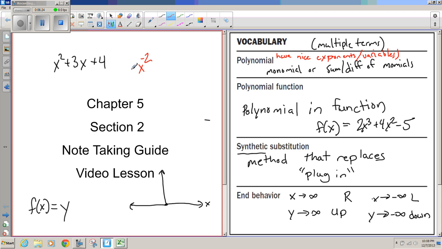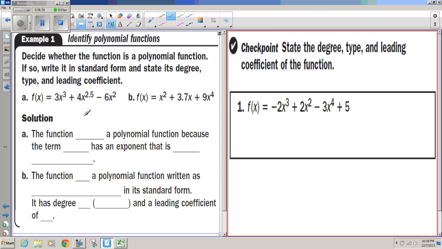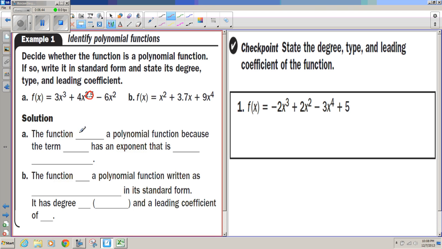That's also not a nice variable. So when looking at this first example, decide whether it is a polynomial function. Well, right here, the function is not a polynomial function because the term 4x to the 2.5 has an exponent that is not a whole number. It is not nice.